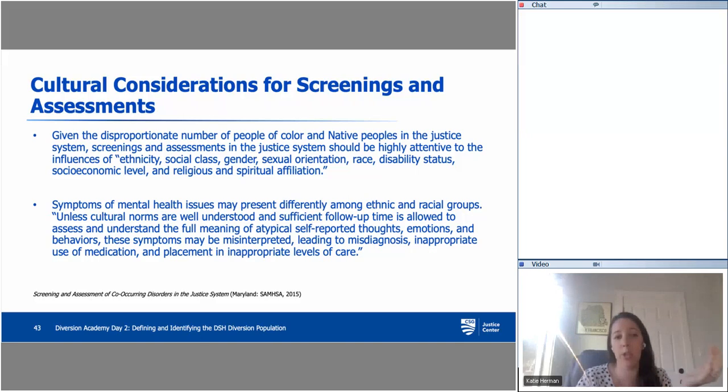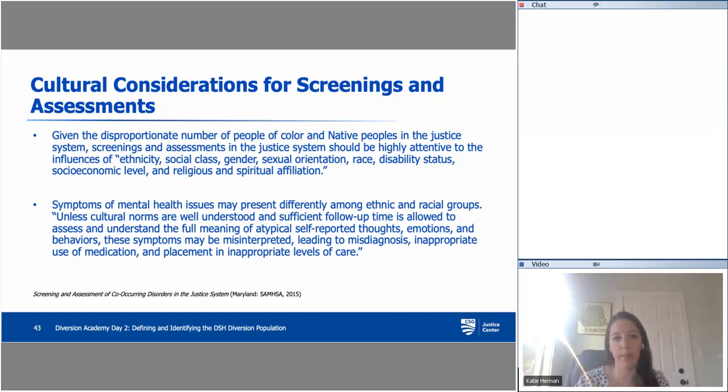And being aware, and this is true in screening and assessment and in treatment when you're working with diverse participants, that symptoms of mental illness may present differently among different ethnic and racial groups, and unless cultural norms are well understood and sufficient follow-up is allowed to assess and understand the full meaning of atypical self-reported thoughts, emotions, and behaviors, these symptoms may be misinterpreted, leading to misdiagnosis, inappropriate use of medication, and placement in inappropriate levels of care.